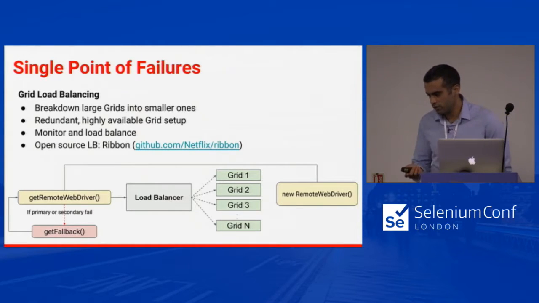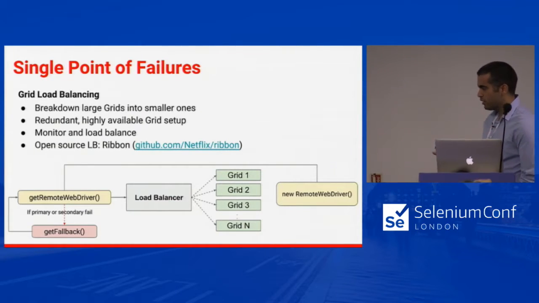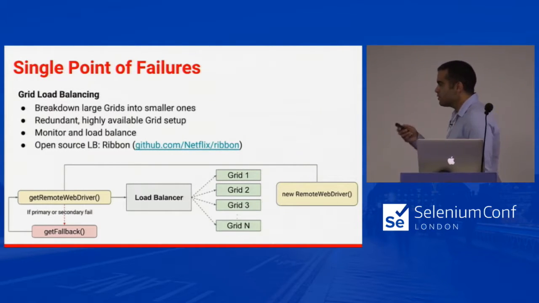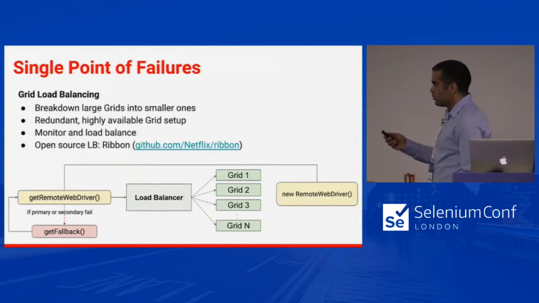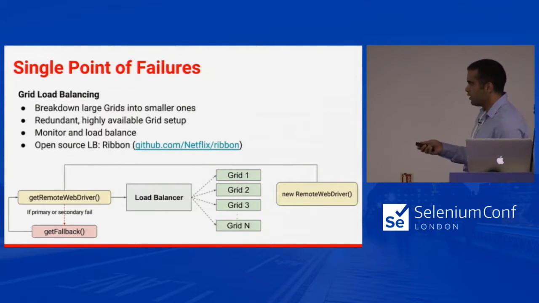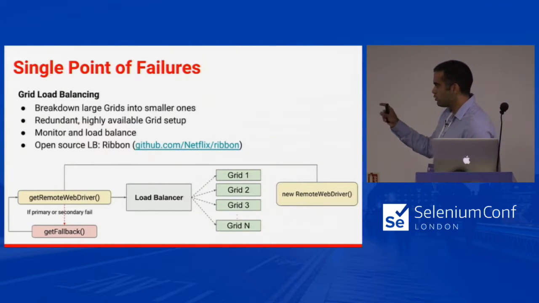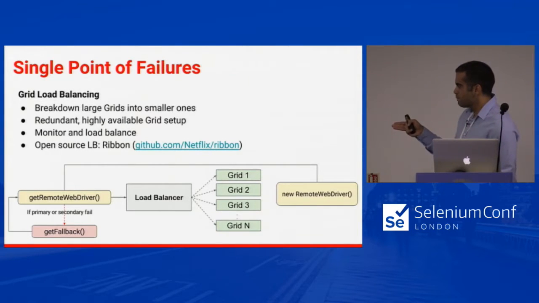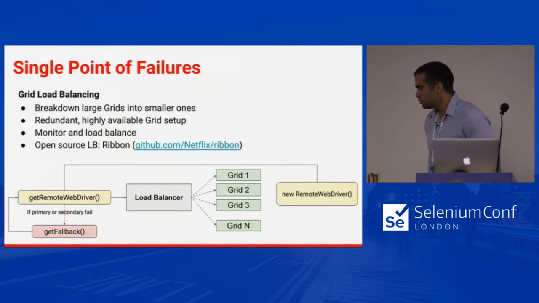For example, we have a client-side load balancer provided by Netflix called Ribbon, which can be easily integrated into your test code and will allow you to implement a load balancing service very easily. You have to customize it a little bit in order to filter the grid routing based on the capability that each grid can provide you.